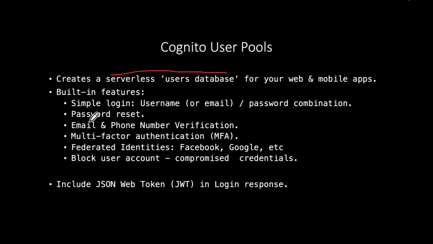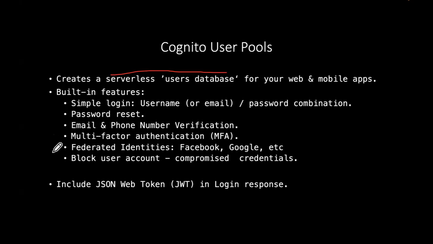Providing email verification on registration, that's built into Cognito user pools, multi-factor authentication, federated identity if you actually want to allow users to use their Google credentials or their Facebook credentials, you can configure a Cognito user pool to allow that.